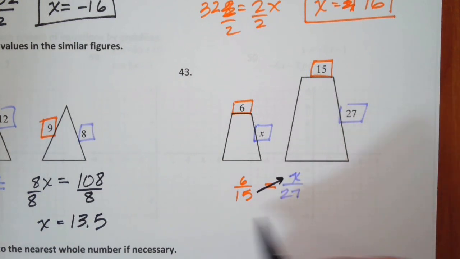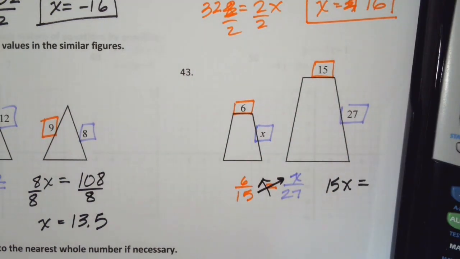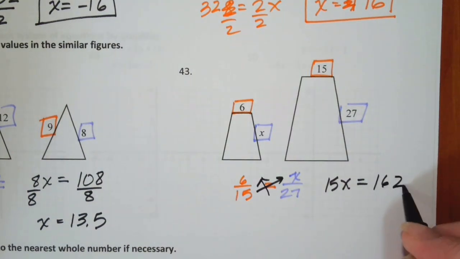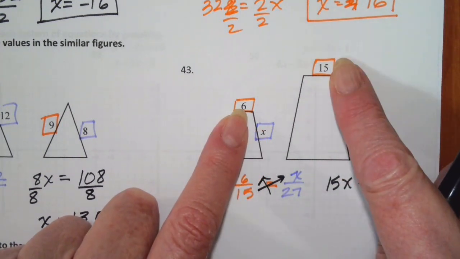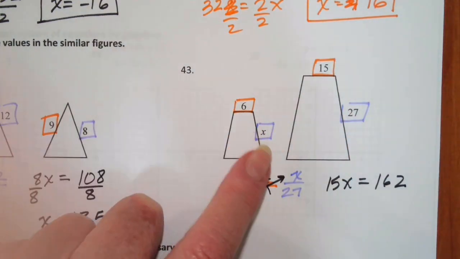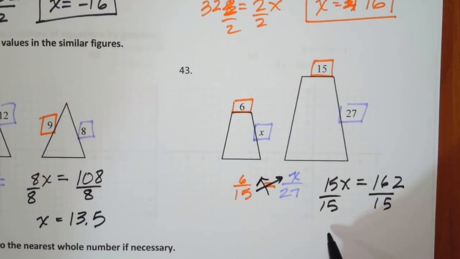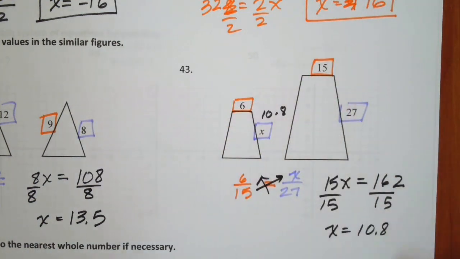So when I cross multiply, I get 15x is equal to 27 times 6, which is 162. Now, just thinking about this, I know that this is quite a bit smaller than this, so my x should be quite a bit smaller than 27. Just thinking about it as I'm doing this. So 162 divided by 15 gives me 10.8. And that looks reasonable.